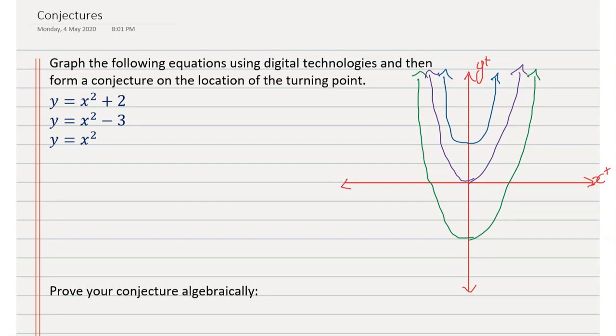What we're looking for here is a common theme amongst all of these equations that might indicate a general idea of where the turning point is going to be. What's common is that all of them seem to have a turning point at x equals 0.